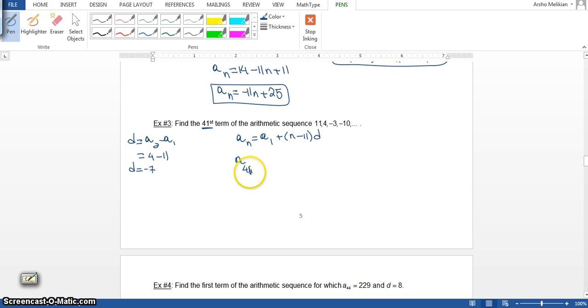N is 41. Okay, because I want to find the 41st term, that means that's A subscript 41, so N is 41. I plug in A1, which is 11, plus N, we said was 41, minus 1, times D, I just found out to be negative 7. 41 minus 1.